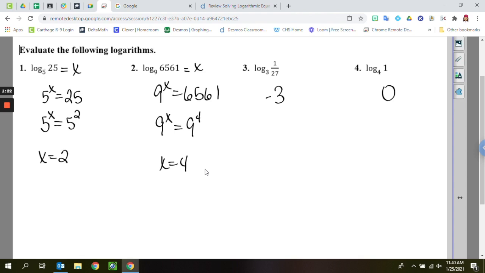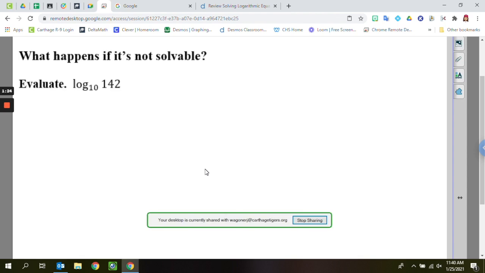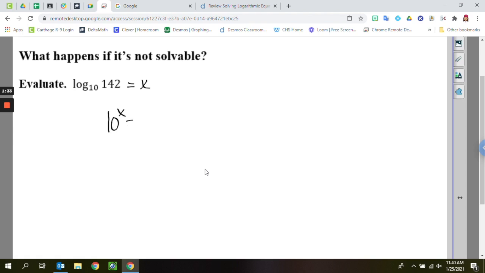Problem is, what happens if it's not solvable? Well, 10 squared is 100. 10 to the third is 1,000.